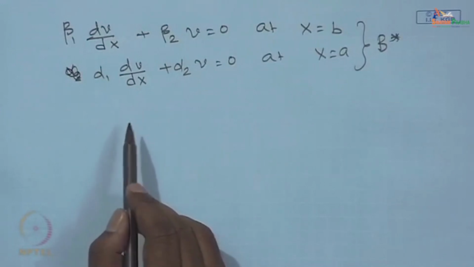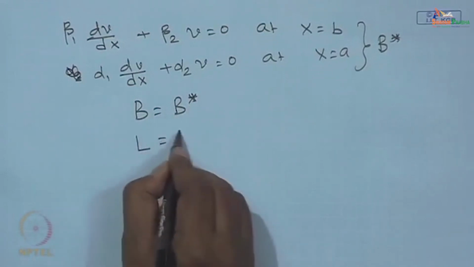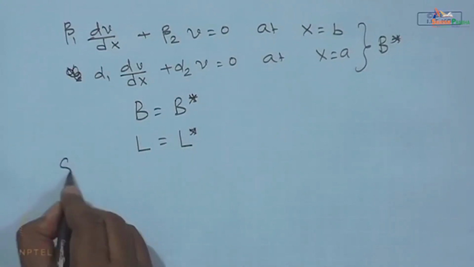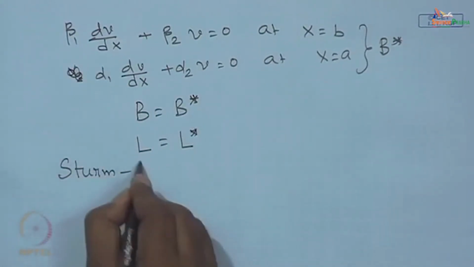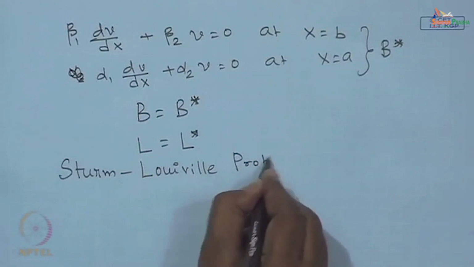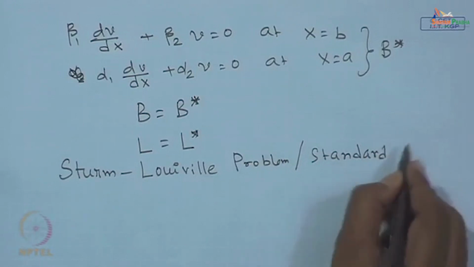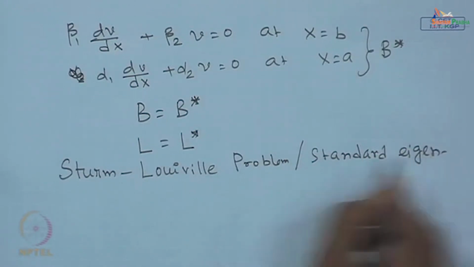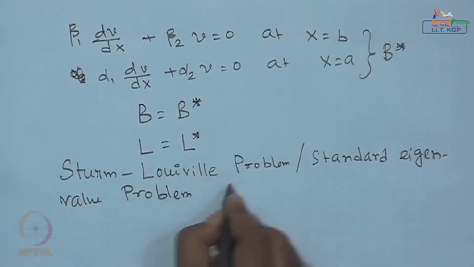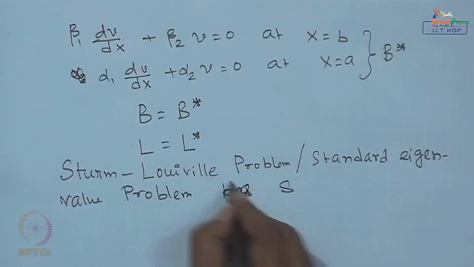Therefore, both B and B star are identical, and we had already proved L equal to L star earlier. So, we proved that the Sturm-Liouville problem, or standard eigenvalue problem, is a self adjoint problem.